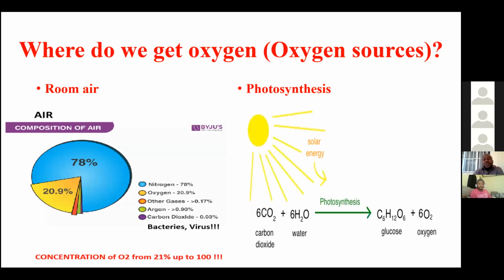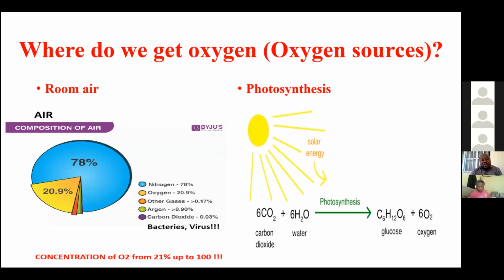So where do we get the oxygen we are delivering to the patients? That is a question I'm sending to the audience. Think about the environment, think about photosynthesis. With these two sources of oxygen, we may think about our environment and try to protect it.